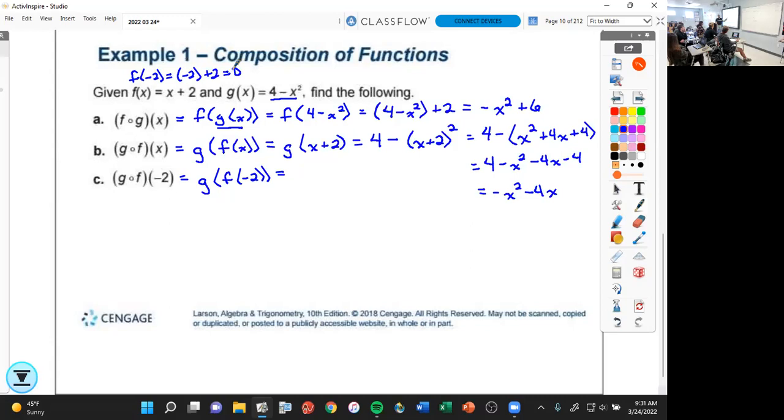So g of f of negative 2 means the same thing as g of 0, because that is the value of f of negative 2. So how do you do g of 0? 4 minus 0 squared, and I get 4.